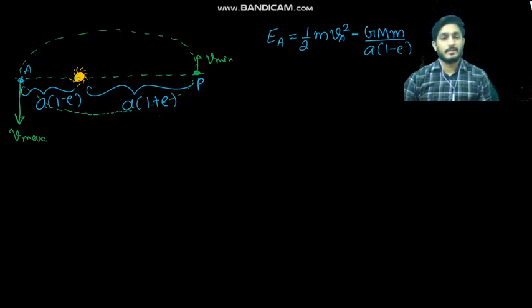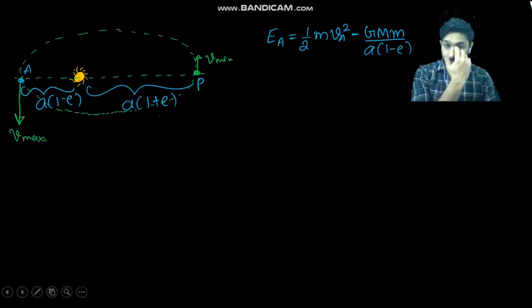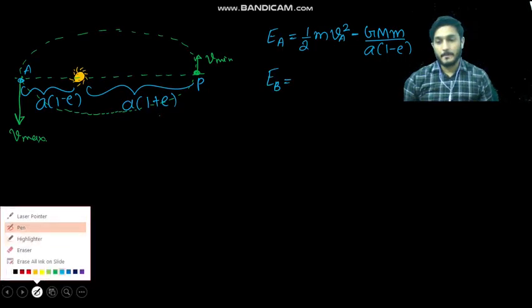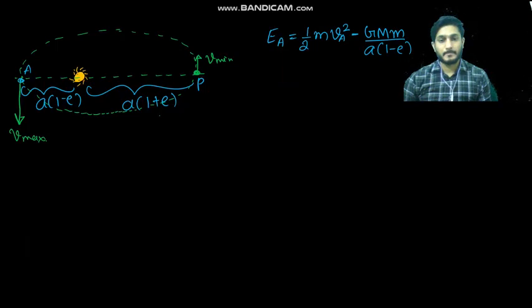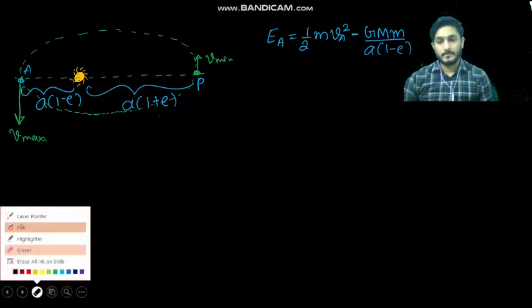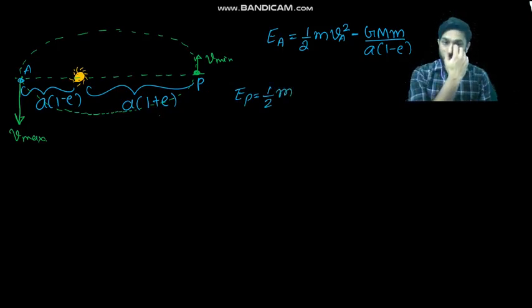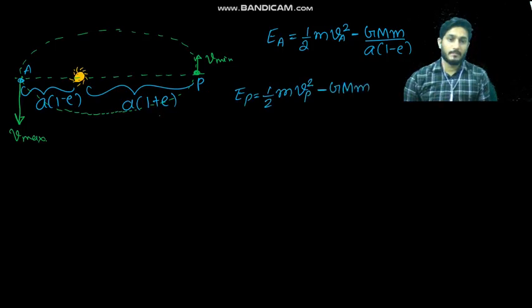Right, it is just half mv square minus GM1M2 upon r, where r is the minimum separation at point A. Right. Now at point P, the kinetic energy is half m vp square minus GMm upon a into 1 plus e.